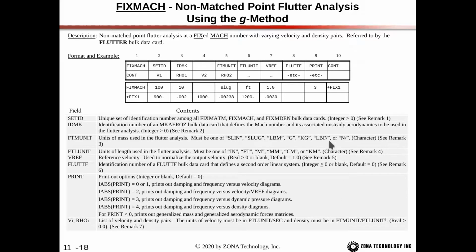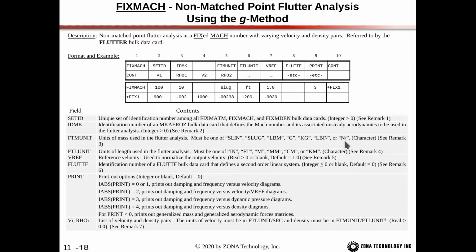So the LBF slash and the N slash means choose the mass unit such that my given force unit is either pounds or newtons. So for example, if your length unit is feet and then your mass unit is LBF slash, that means my force unit will be pound force, and so the mass unit must be slug, since my length unit is feet. If my length unit was inch, then the mass unit would be slinch.